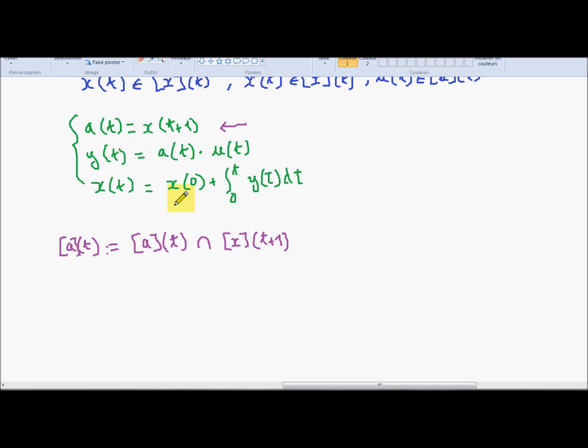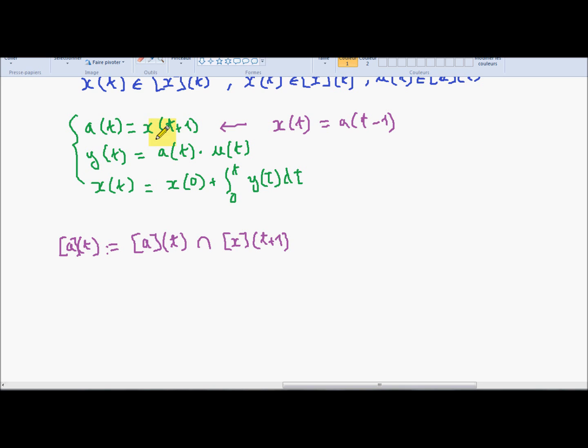But this equation can be rewritten if I isolate x. I can also say that x of t is equal to a of t minus 1. Okay, so it is always the same method. I isolate one of the variables and then I apply interval arithmetic.